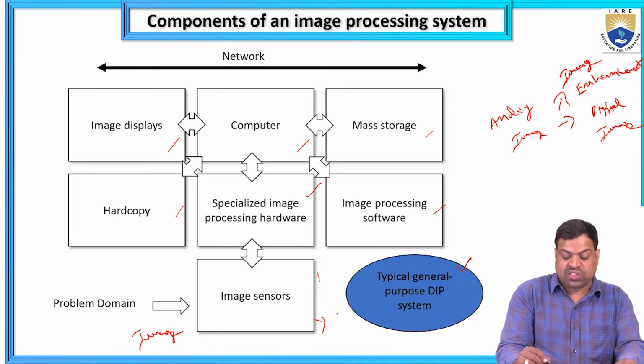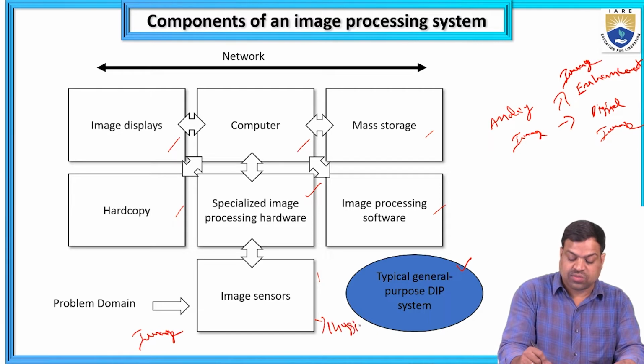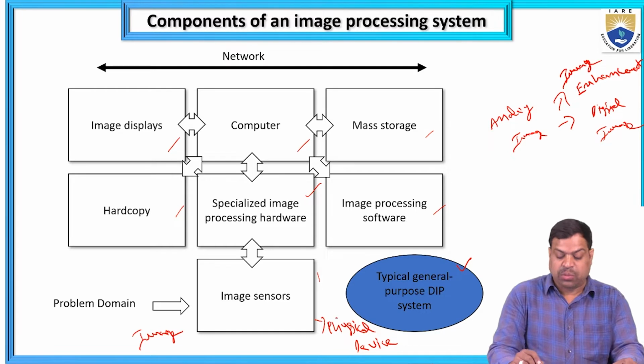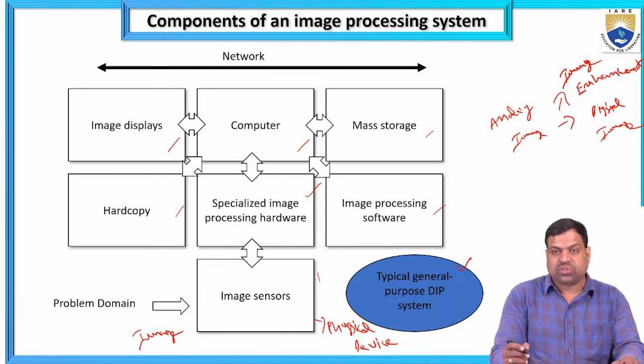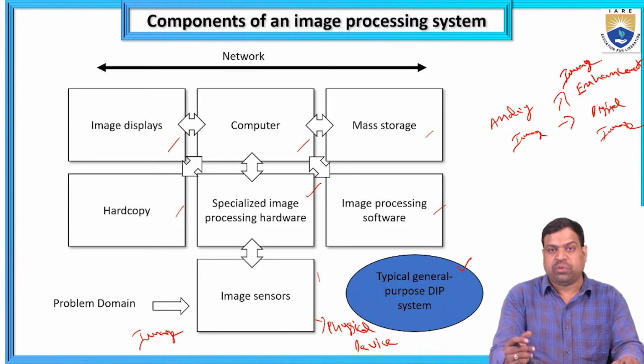Image sensors: an image sensor is nothing but a physical device. Suppose I have to take a picture, I have to create an image. So what do we need? I need a physical device like a camera, digital cam, or mobile phone. Every camera has sensors.